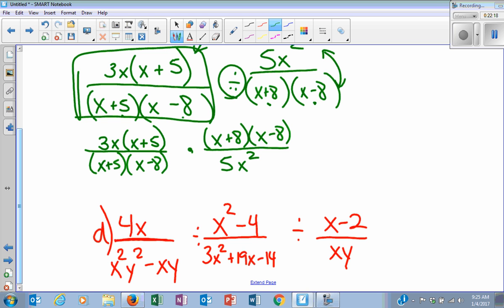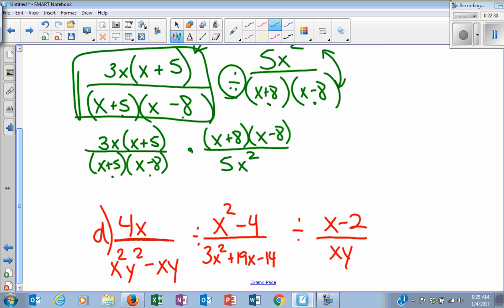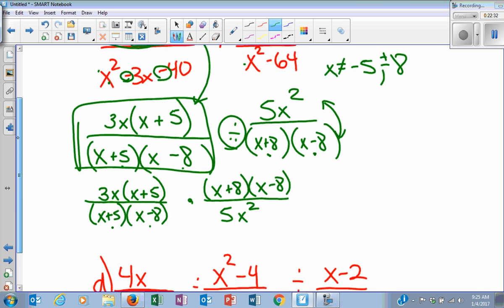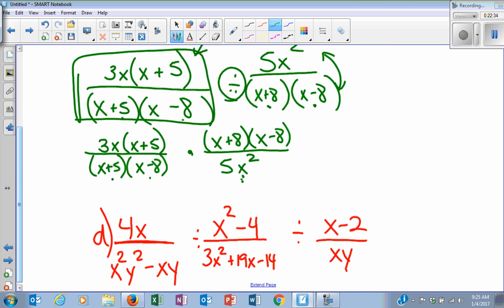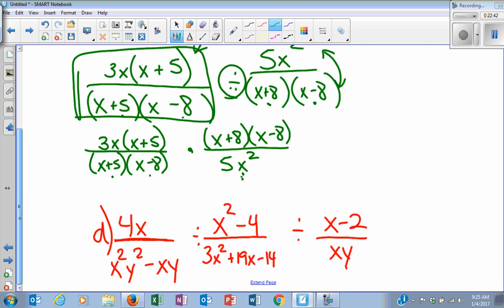Once I switch this, I need to see, are there any new restrictions when I flip it over? Negative 5, I already had that restriction. Positive 8, I already had that restriction. But now, it's not allowed to equal 0. And so I have to add that restriction in. It's not allowed to be 0. So that's the second time I look at restrictions.